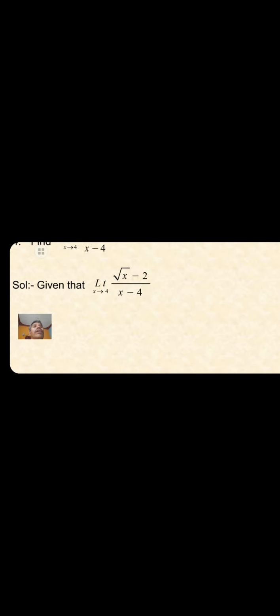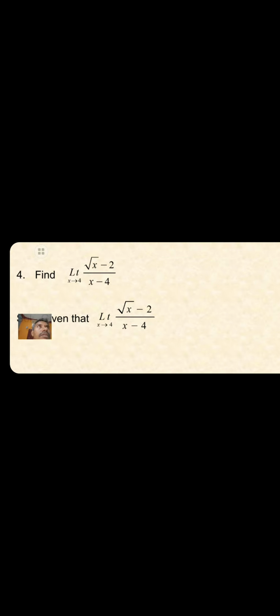Solution. Given that limit x tends to 4, (√x − 2)/(x − 4). Next, here we are rationalizing the numerator, that is, we are multiplying and dividing with √x + 2.